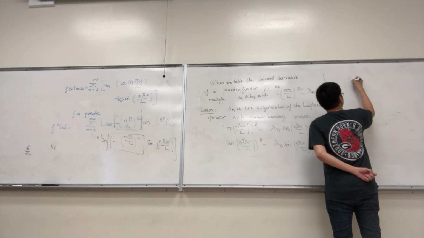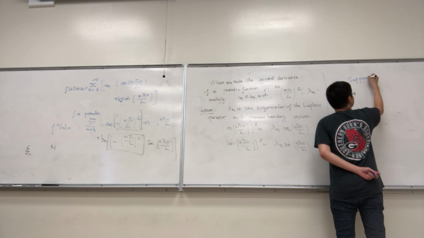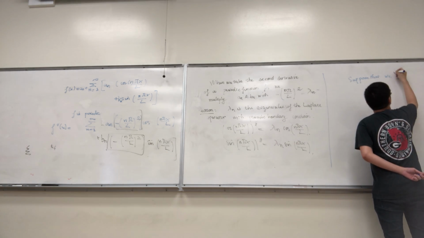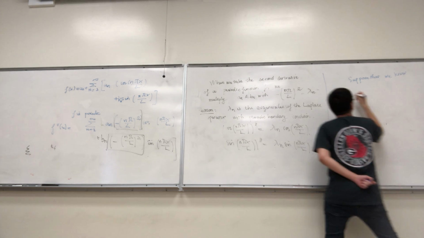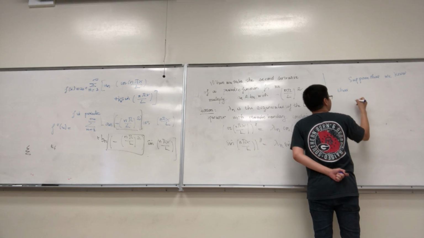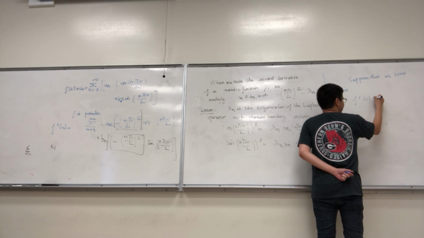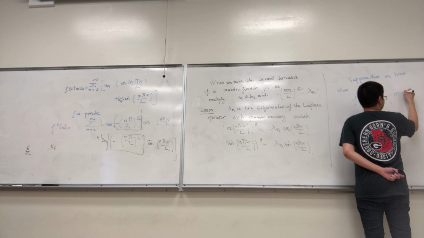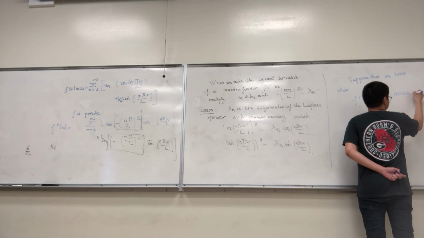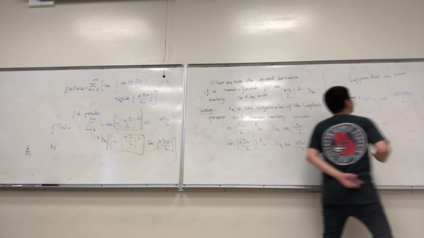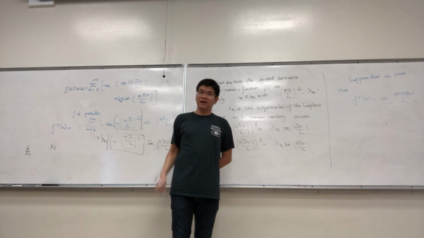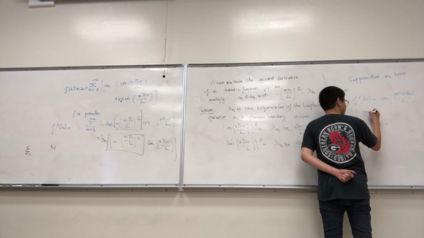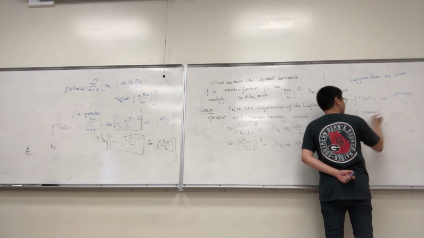Suppose that we know that f double prime of x is cosinus of 1003 pi x over L, and f is periodic. Can we find f?